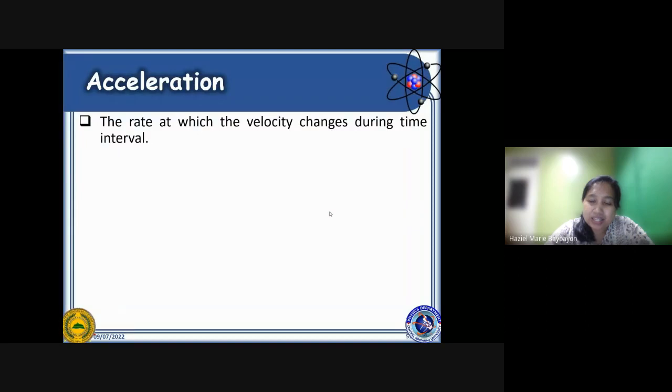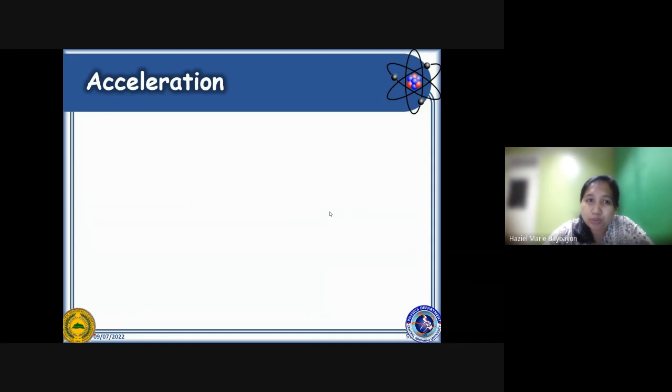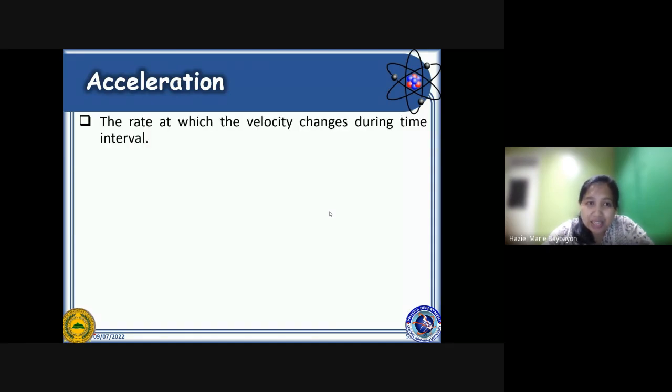How about acceleration? Acceleration is another physical quantity that we can use to describe motion. It is a vector quantity and it is defined as the rate at which the velocity changes during a time interval. If the velocity of the motion is changing with respect to time, then that means your object is accelerating.